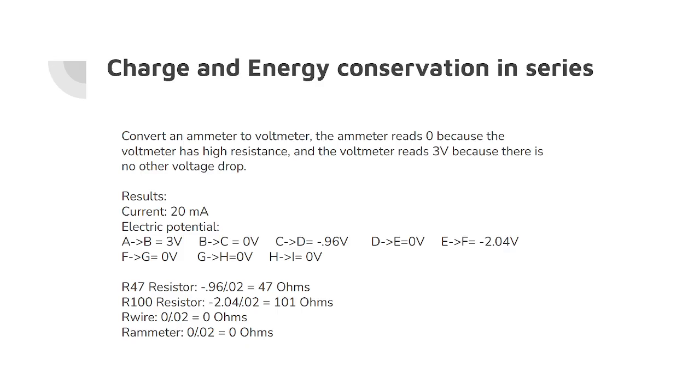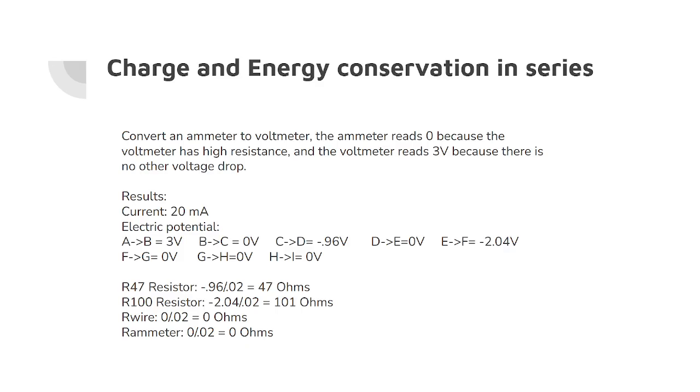The electric potential from A to B was positive 3 volts, no difference from B to C, negative 0.96 volts from C to D, 0 volts from D to E, negative 2.04 volts from E to F, and then 0 everywhere else. Using that, we calculated that the 47 ohm resistor had a resistance of 47 ohms, and that the 100 ohm resistor had a resistance of 101 ohms.